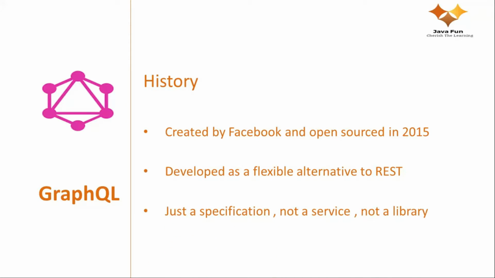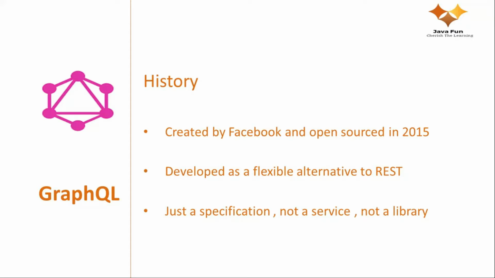If you think about GraphQL, it is just a specification, which means Facebook has not open sourced the libraries or the code for GraphQL. They have just published the specifications. So whoever wants to implement GraphQL in whichever language it is, they have to have some kind of a library or a service or some code implementing this particular specification.